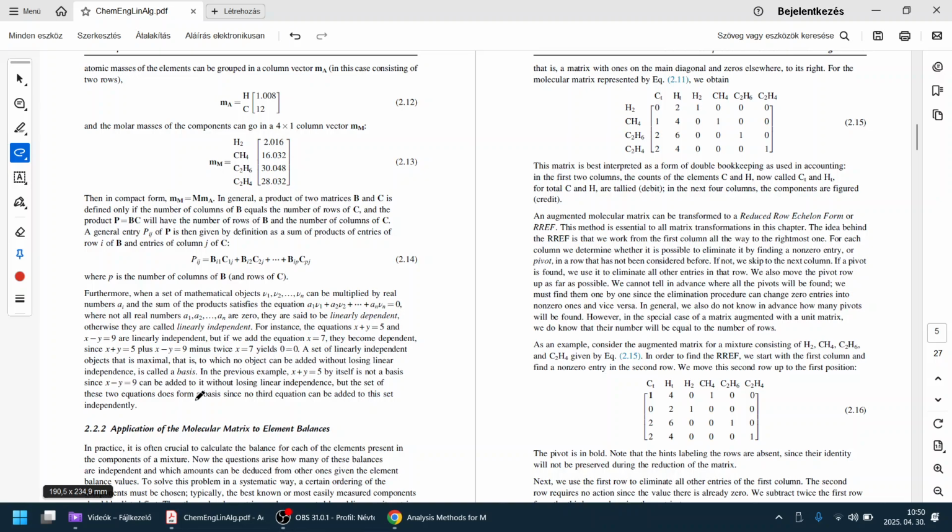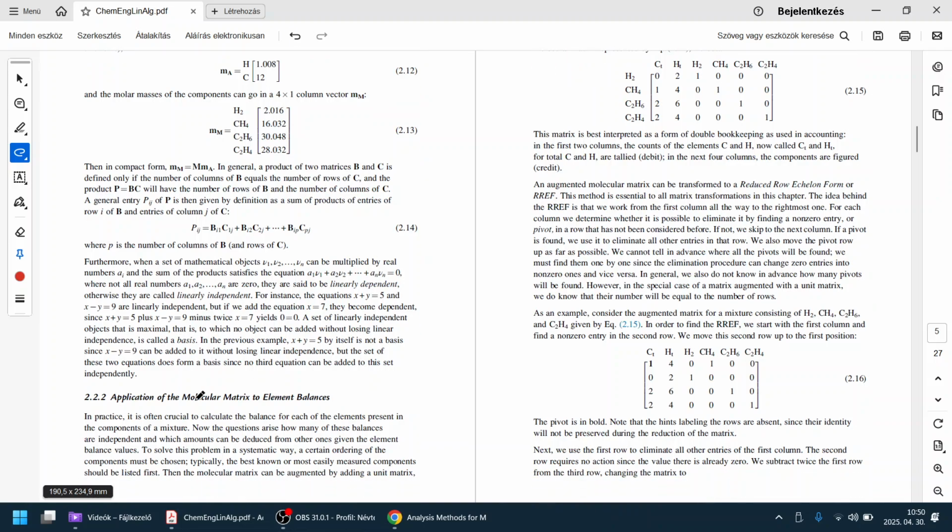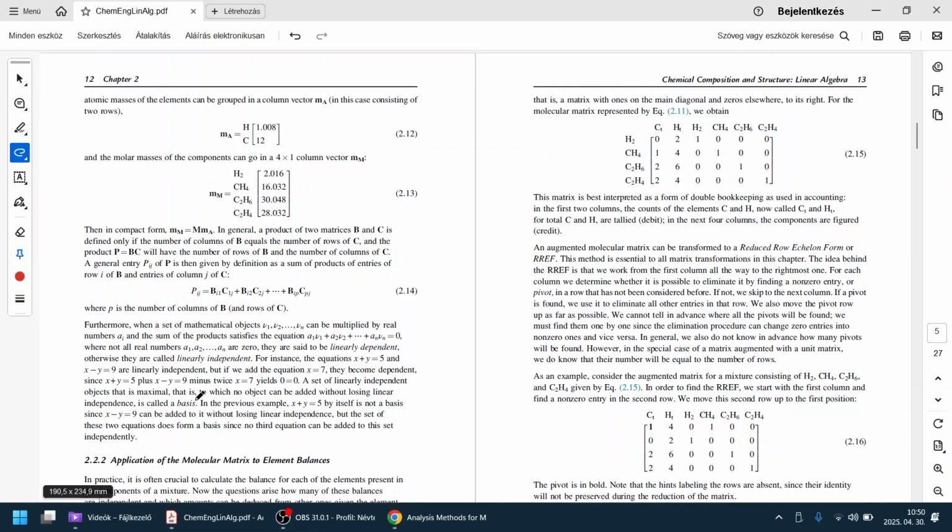Okay, and somehow it wants to apply this for balance. Well, I know reactions, and I remember something about how, not nuclear but chemical reactors, you do different components. But I assume this is something like this.